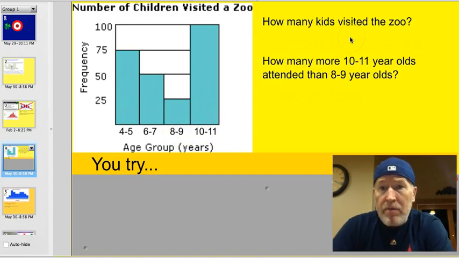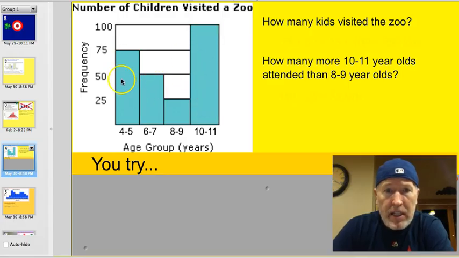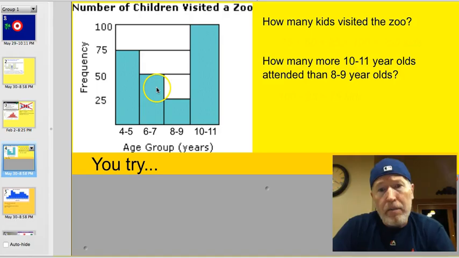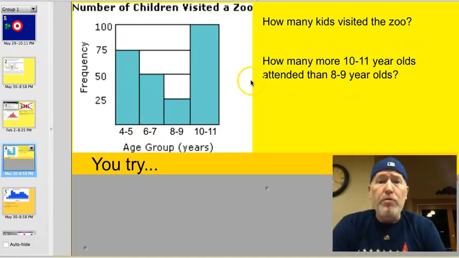So how many kids visited the zoo? This is one of those where you just have to count them all up. Here's 100, and then here is 75, and here's another 25, so that's 200, and then here's 50. So I have 250. I also can go 100, here's 125, 50 more makes 175, plus 75 equals 250.